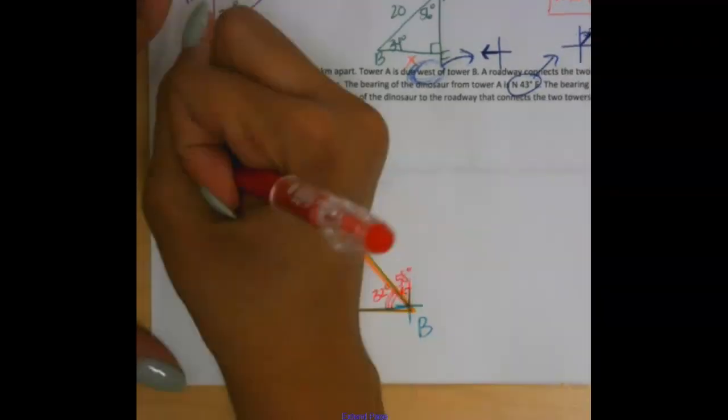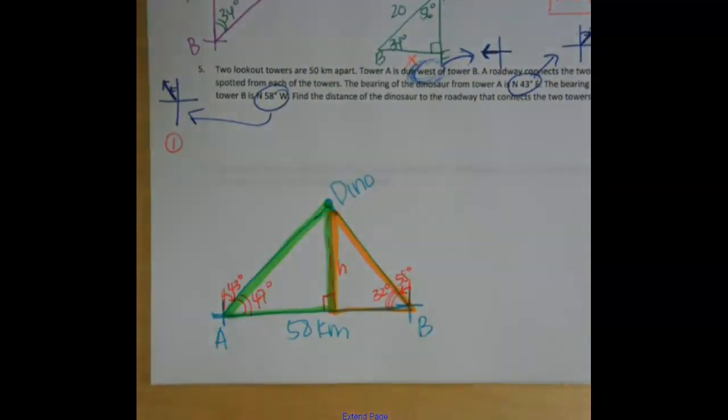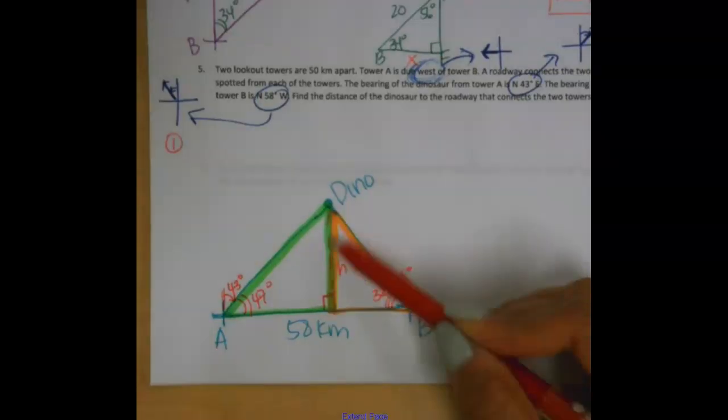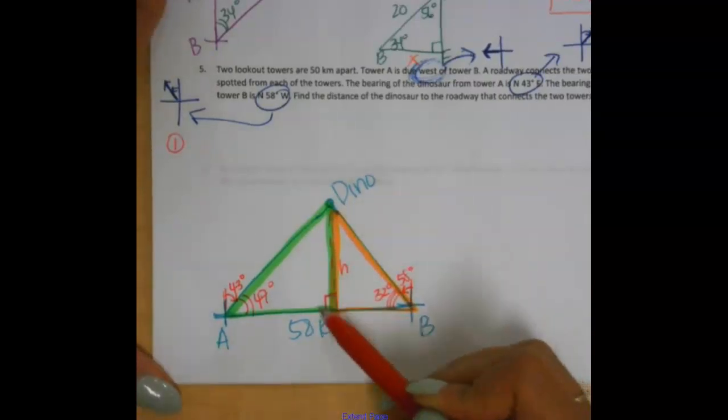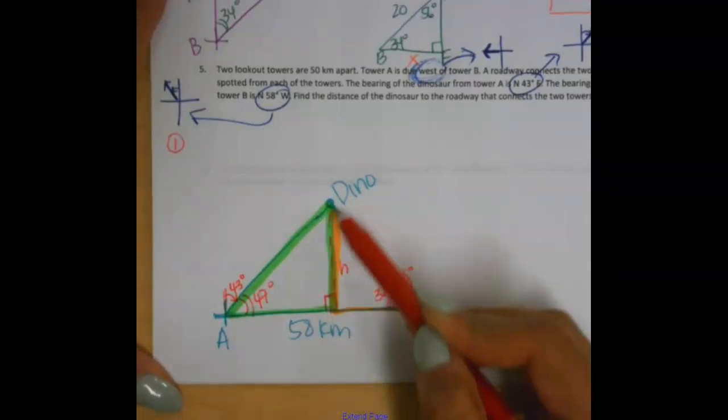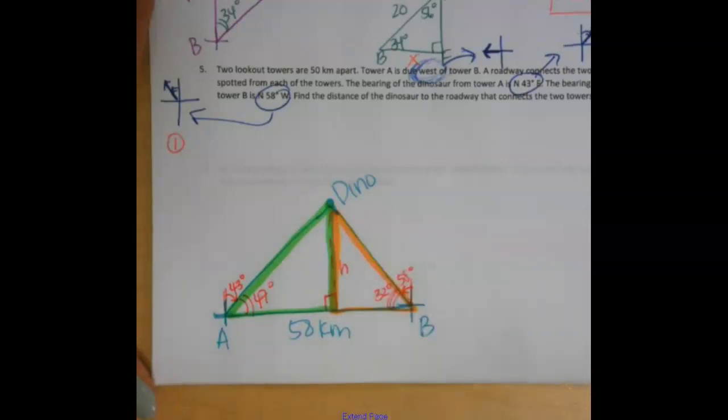All right, so first step for this. Just us talking about what we just looked at with the green and orange highlighting. Which side do they both share? No. What side? H, this vertical one here. Both of the green and the orange triangle share this height. Okay, so we need to think. If I know that this is 90 degrees, this is one right triangle, this is the other right triangle, we can use SOHCAHTOA.